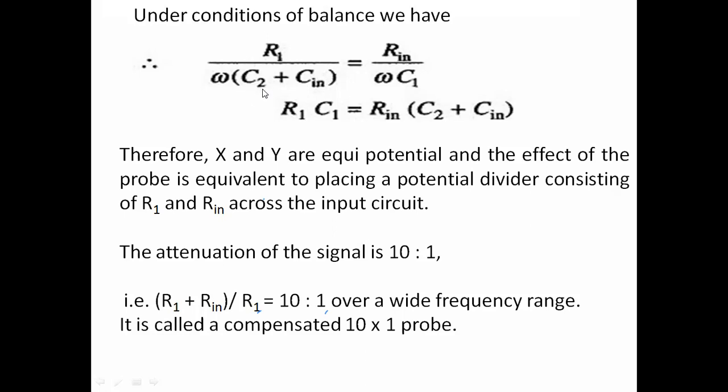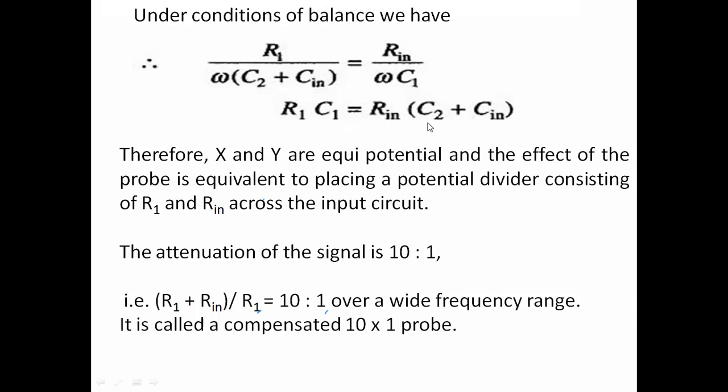When the bridge is balanced, the voltage between the two terminals is 0. When this balance occurs, we get the equation R1 C1 equals R in times (C2 plus C in).